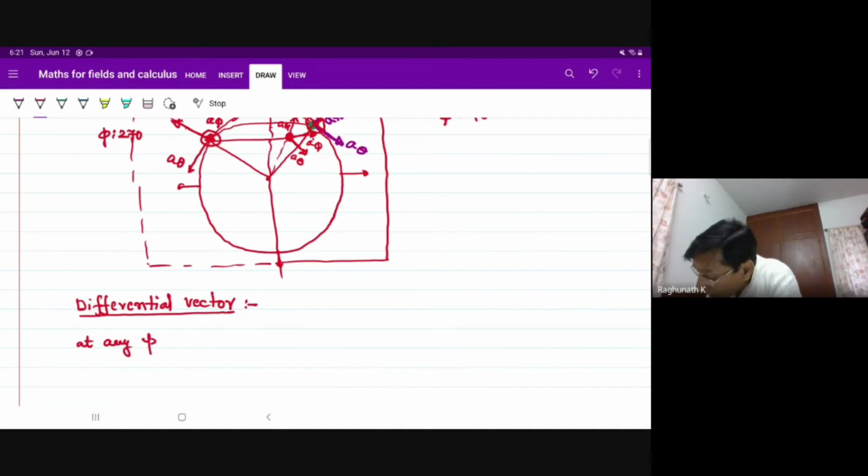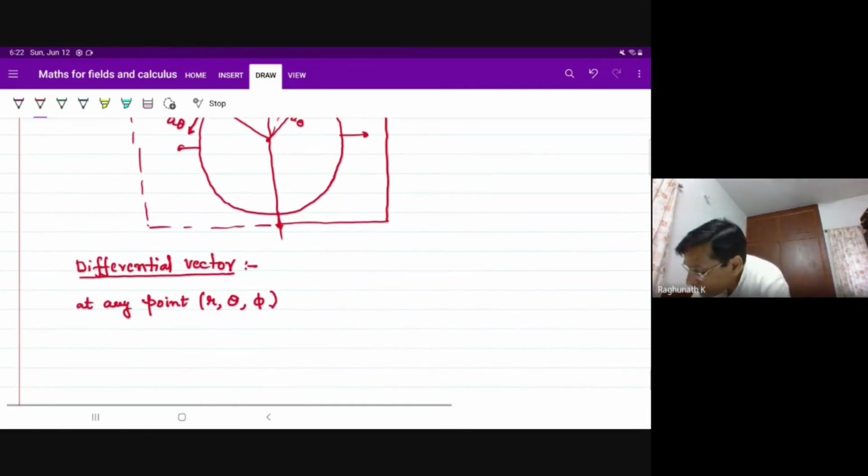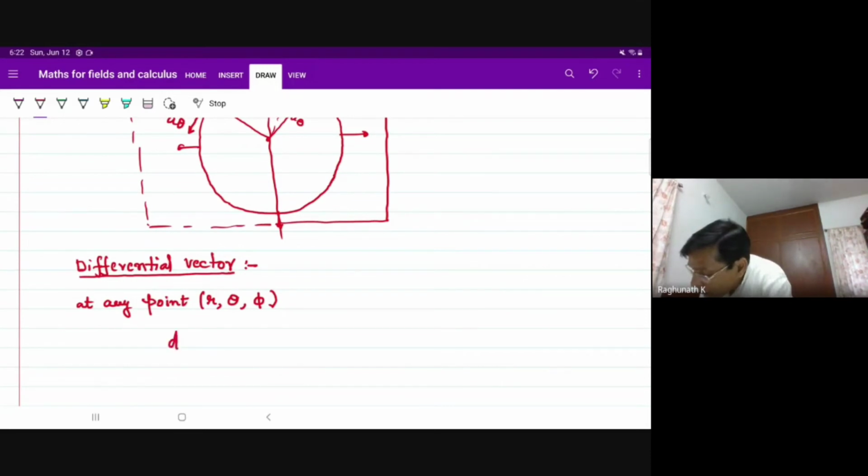At any point with coordinates r, theta, phi, I will change r by dr without changing theta and phi. I can do that on the same plane, on the same cone, producing dr here.